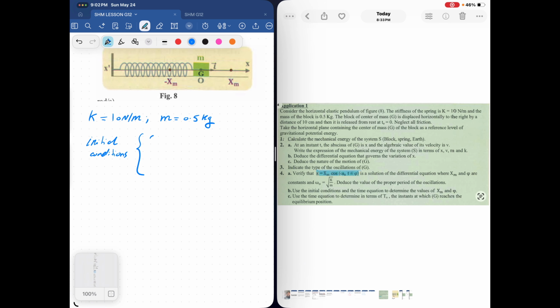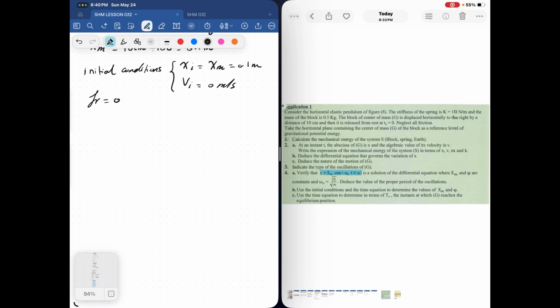Those are that x was equal to 10 centimeters or 0.1 meters, and it was released from rest, meaning that the initial velocity, or x prime initial, was equal to 0 meters per second. He also stated to neglect all friction, and so the frictional forces are equal to 0.